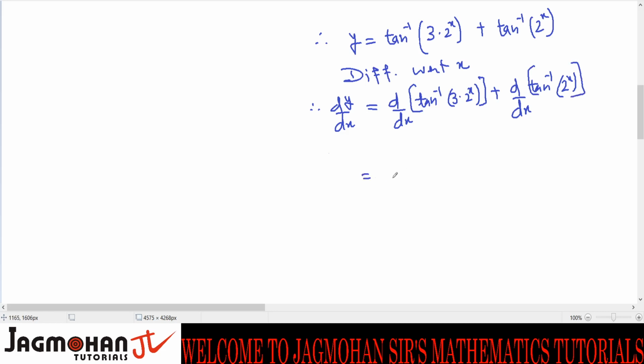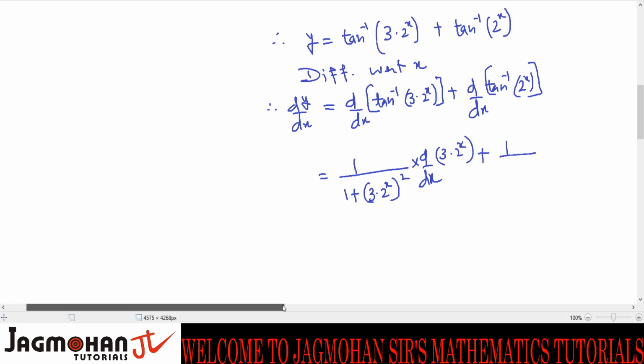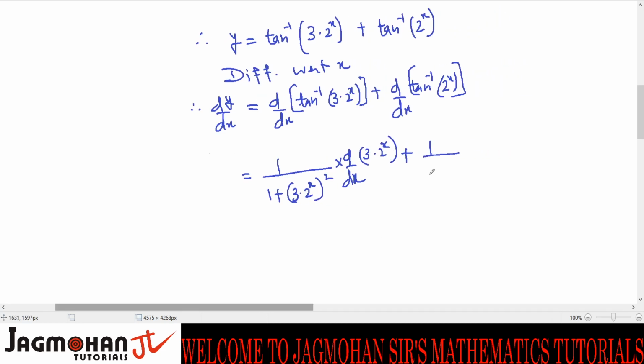So its derivative is 1 upon 1 plus f of x whole square, that is 3 into 2 raised to x the whole square, into d by dx of f of x, that is 3 times 2 raised to x, plus 1 upon 1 plus 2 raised to x the whole square into d by dx of 2 raised to x, d by dx of f of x.